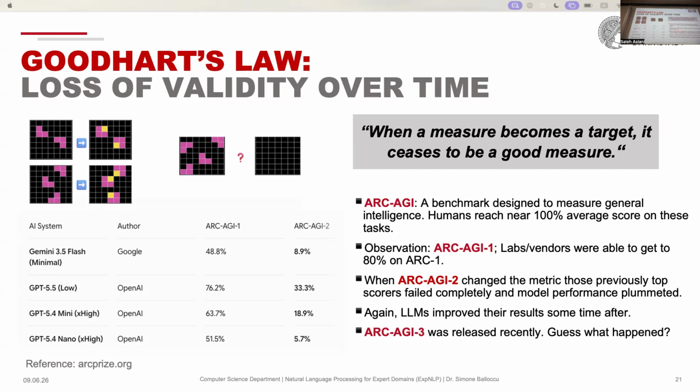So the story after was that models tried to get better at ARC-AGI 2, and they were able to achieve good scores in ARC-AGI 2 as well, but then ARC-AGI 3 got released, and what do you think happened? All the previous top scores again failed.